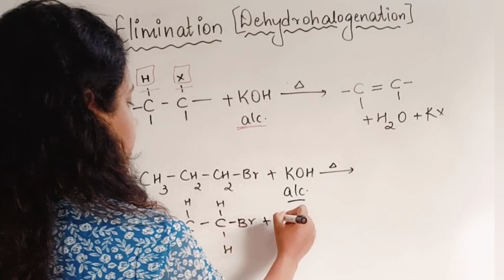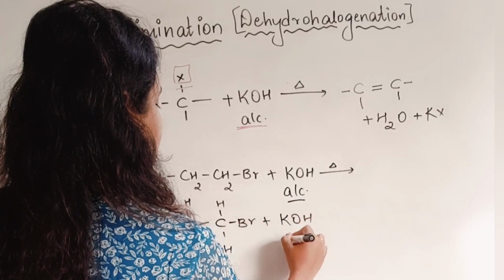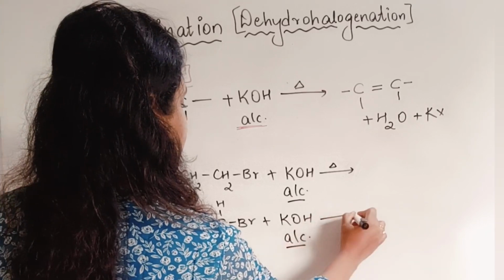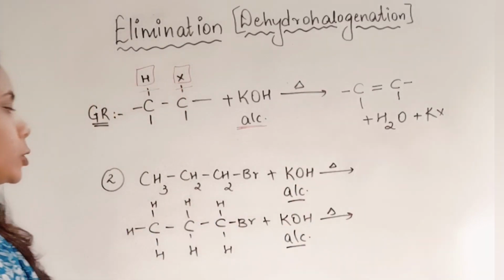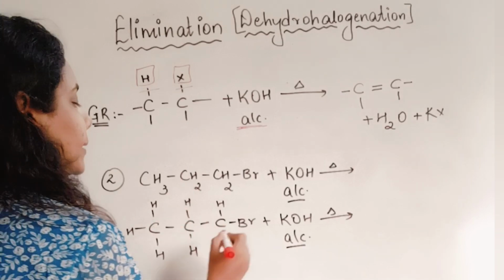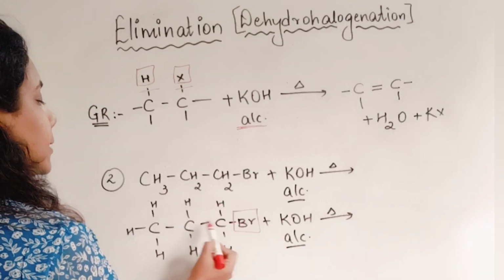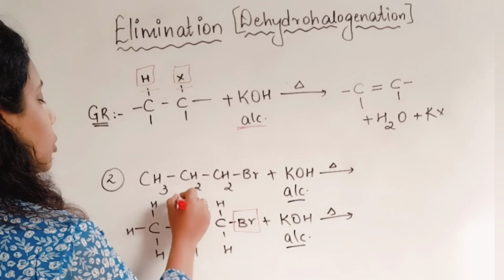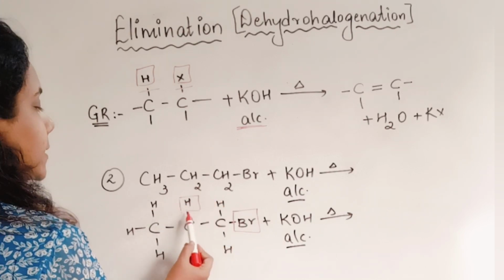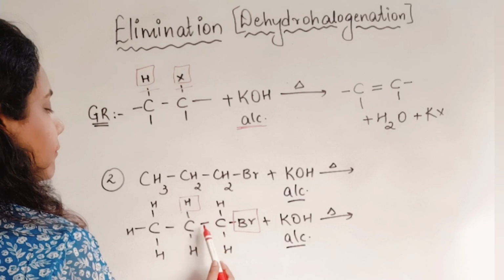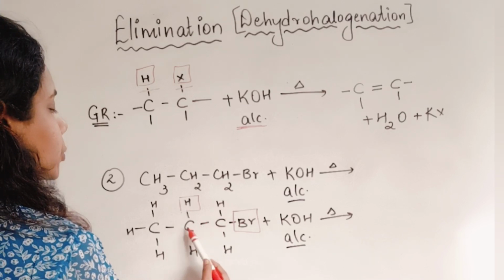Then KOH, alcoholic, heated. So the trick is you first look at the Br. Wherever you find Br, adjacent to this carbon you remove one hydrogen. Since these two bonds are breaking, there will be an additional bond between these two carbons.